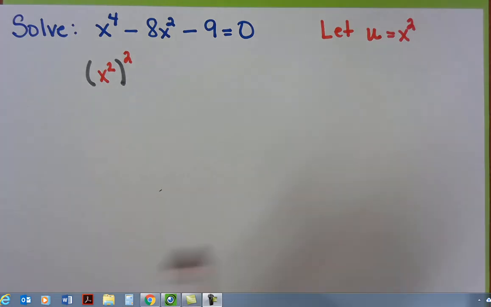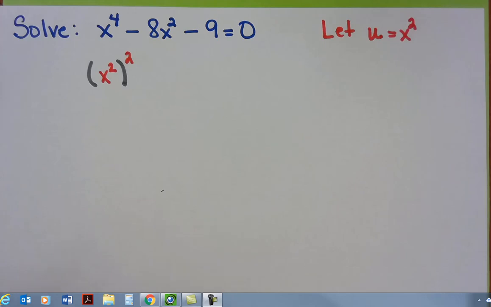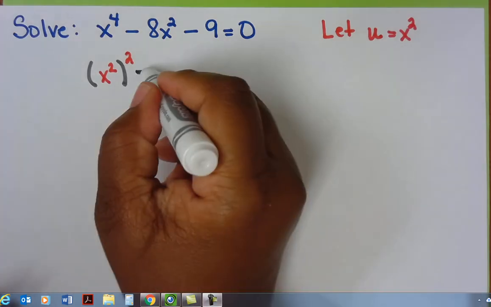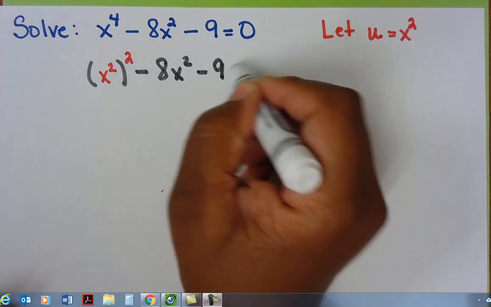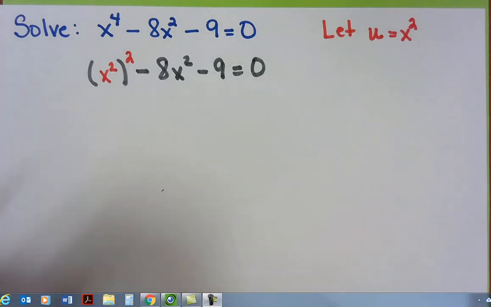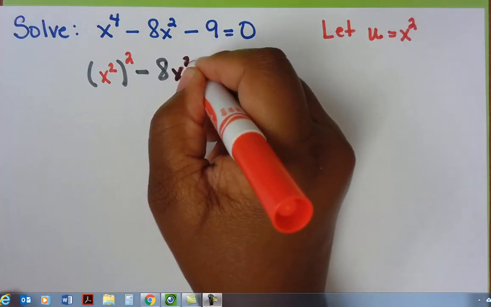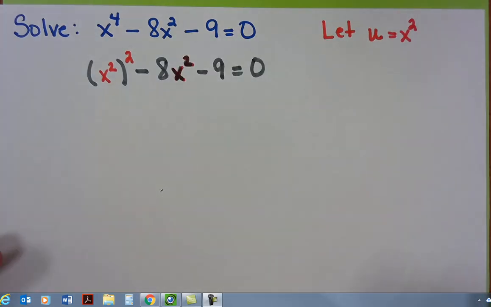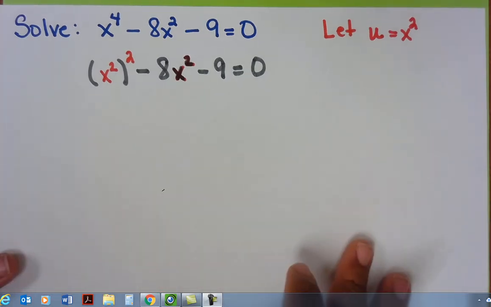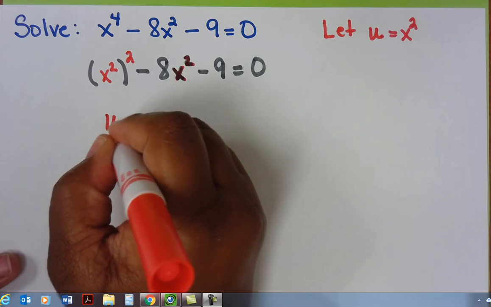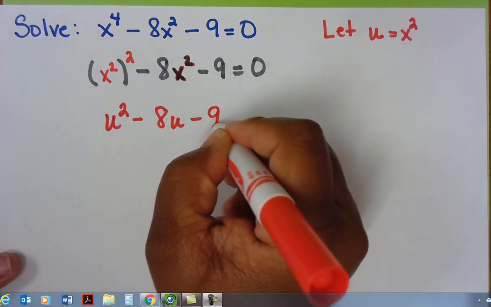Now wherever we see x squared, we are going to substitute the variable u into that expression. So now we have here u squared minus 8u minus 9 equals 0.